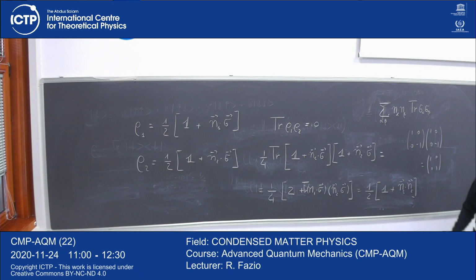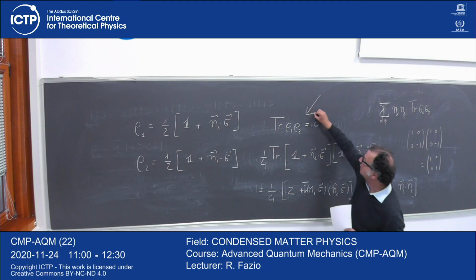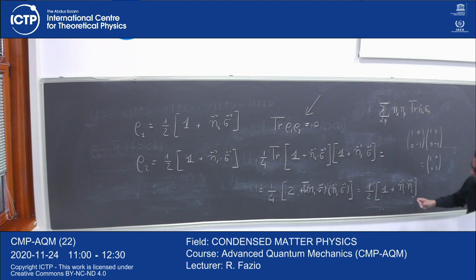Okay? And this is true for all of them. So you see that in order to have this condition, you want n1 dot n2 to be equal to minus 1.